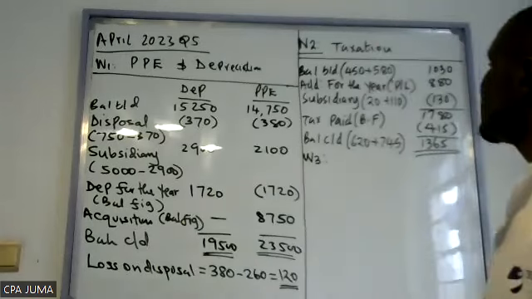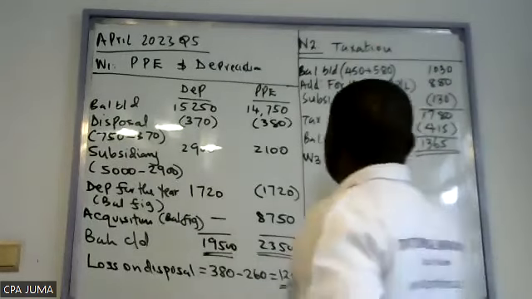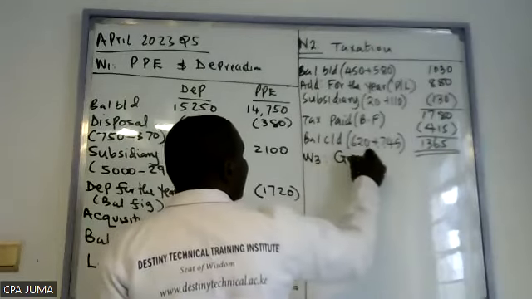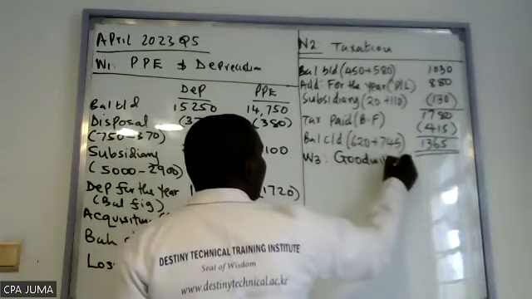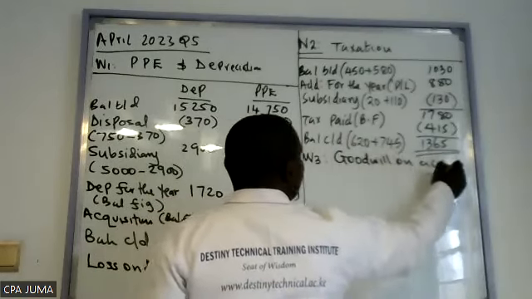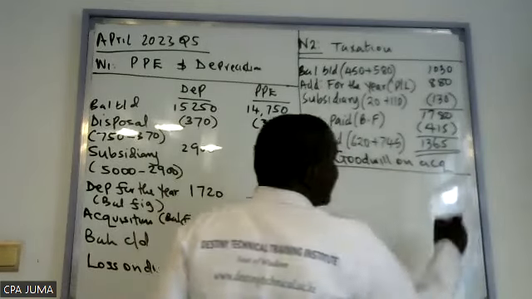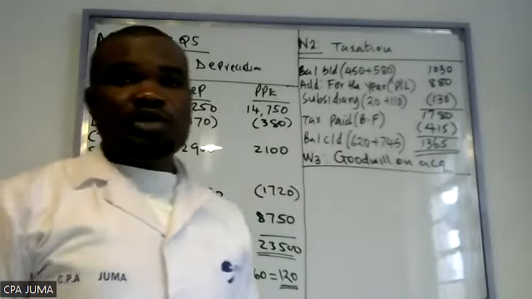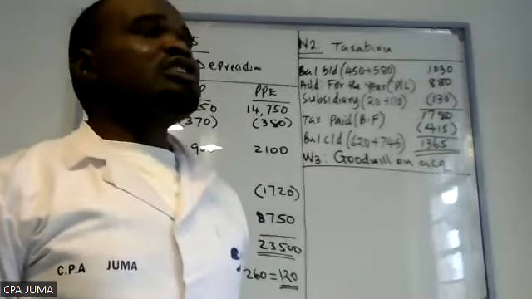So I want us to start by getting goodwill. Right here, goodwill on acquisition. I want us to calculate goodwill on acquisition of this subsidiary.